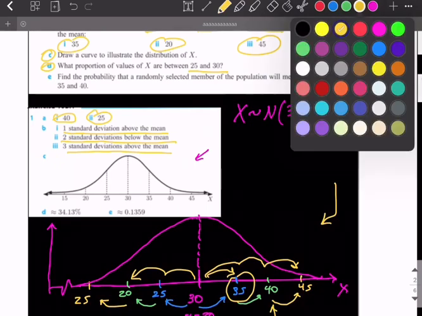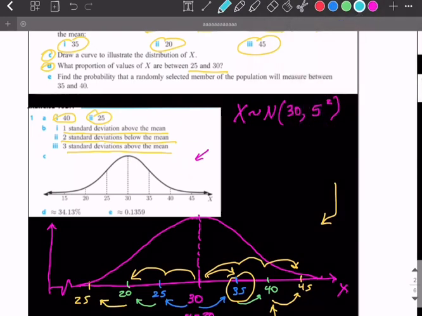All right, I'm going to use this one. So we have the numbers 25 and 30. 25 is here, 30 is here. So I already know that the answer is 34%, but because in this book we have a more exact answer, the answer is 34.13.